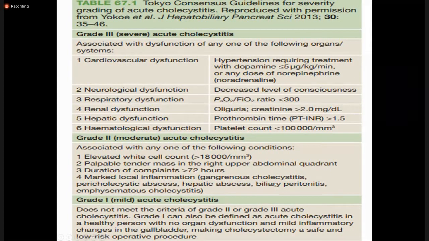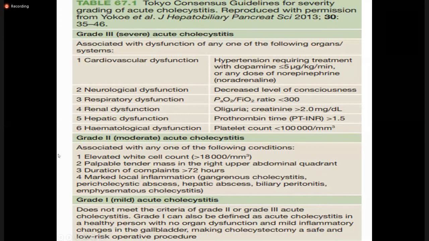There may be gangrenous cholecystitis, pericholecystic abscess, hepatic abscess, biliary peritonitis, or even emphysematous cholecystitis. I am going to show you a picture of emphysematous cholecystitis in my presentation ahead.